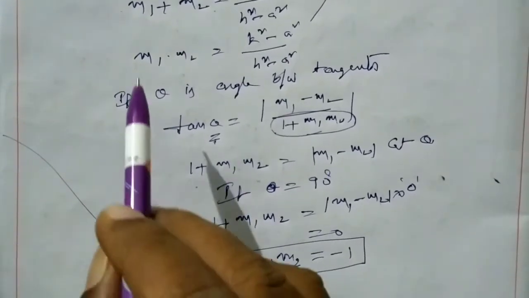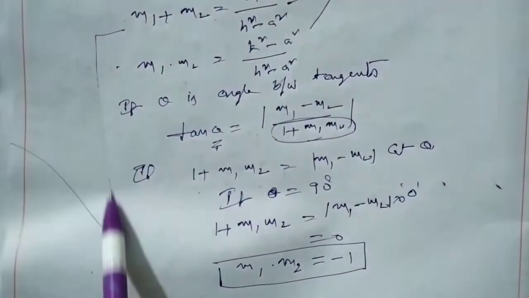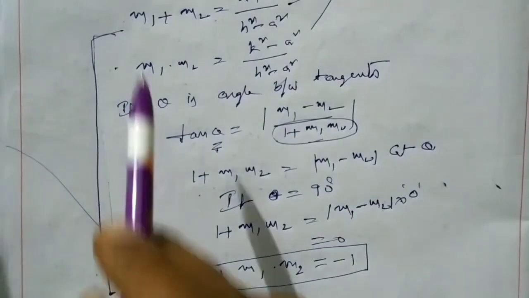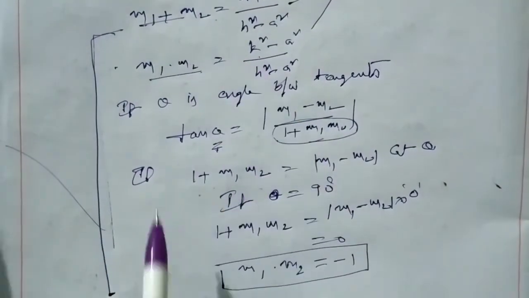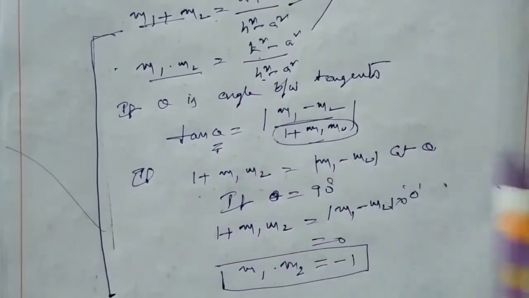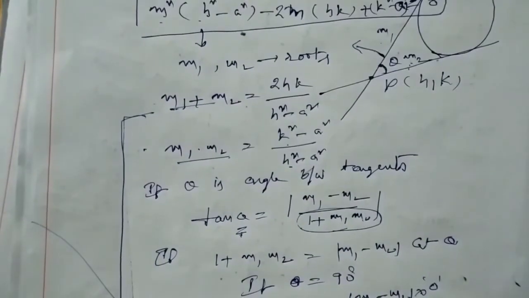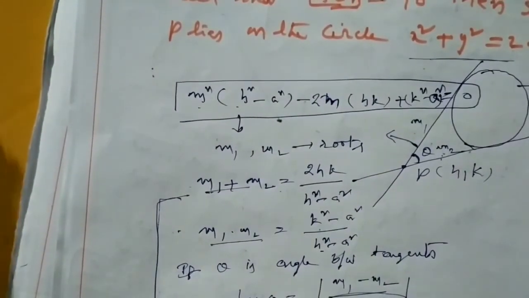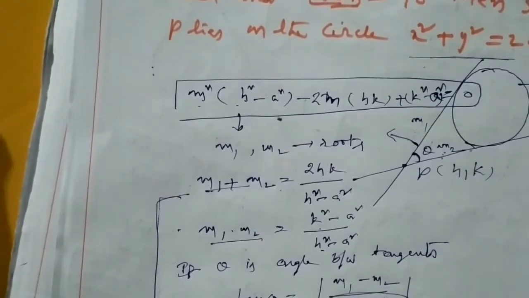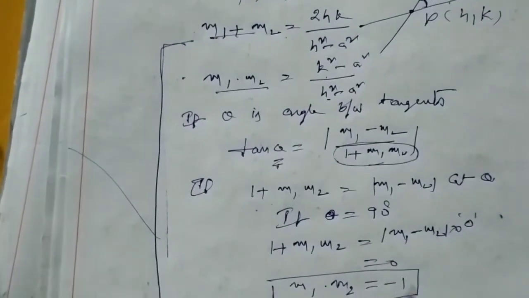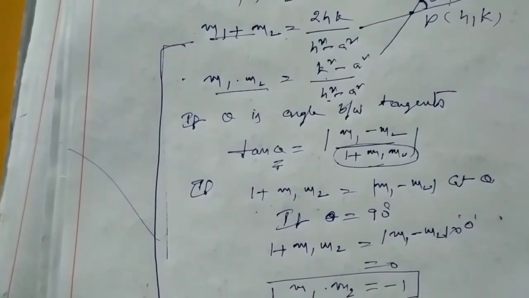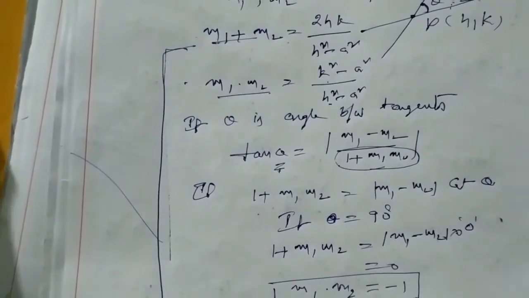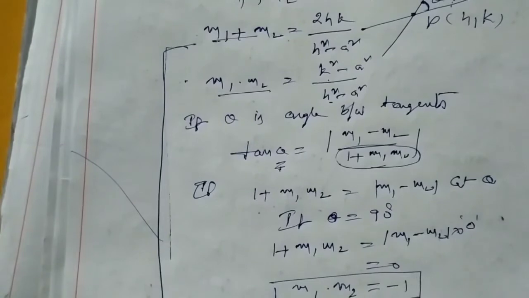The product of the roots is k square minus a square by h square minus a square, which is equal to minus 1.